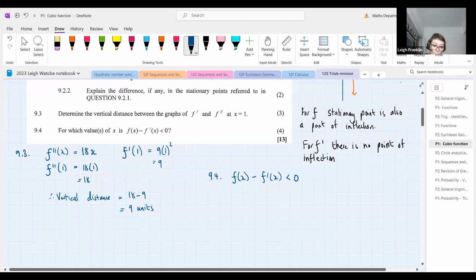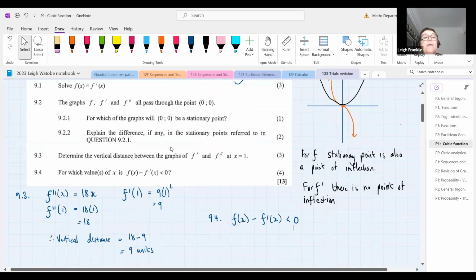It's out of 4. So that suggests to us that it's not just reading off information anyway. I mean, we don't have a graph to read anything off, but they are suggesting to us by the mark allocation that they want an algebraic solution.